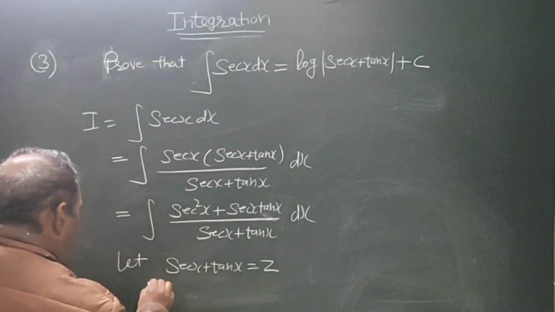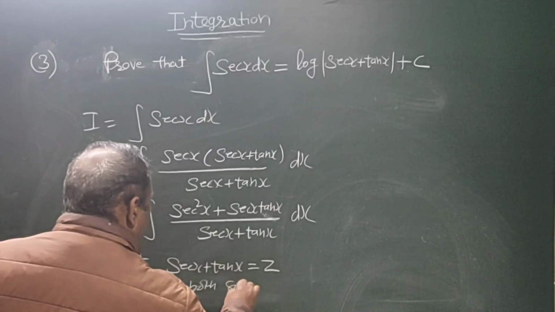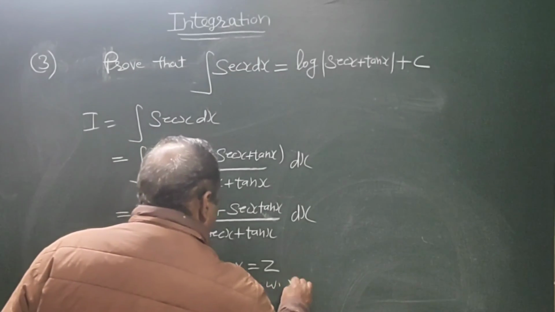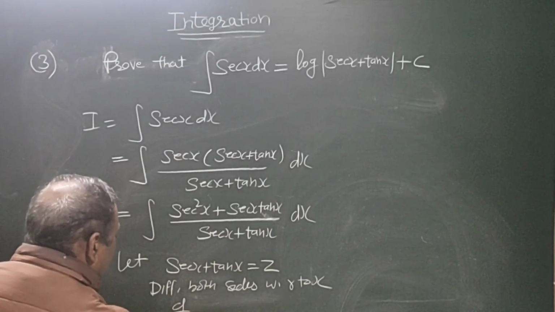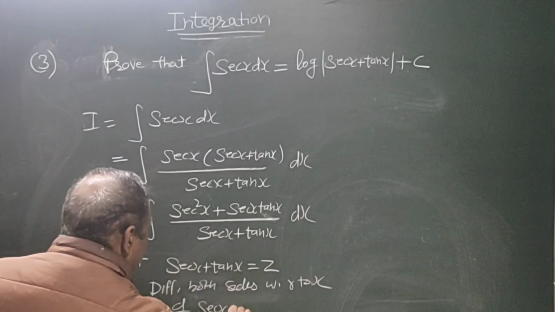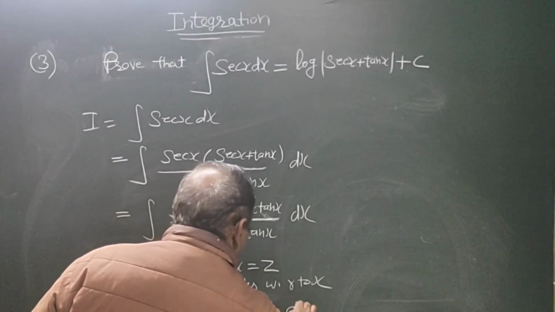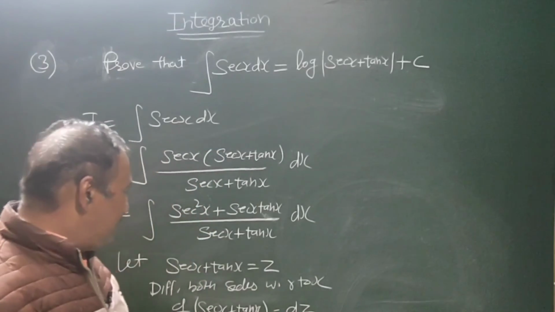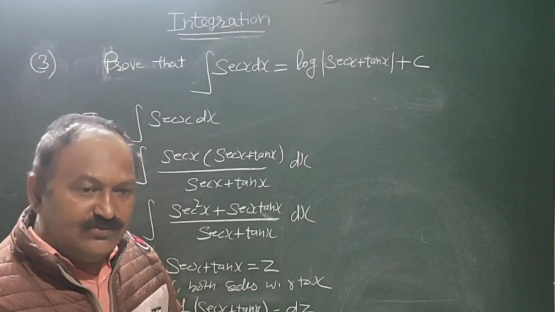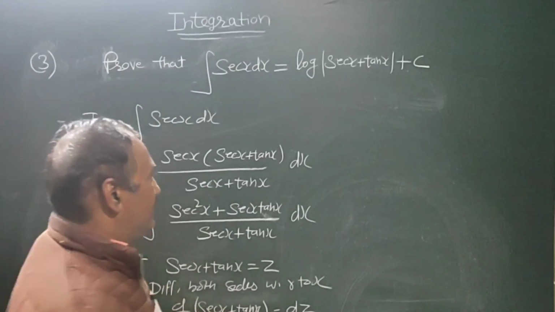Differentiating both sides with respect to x, we get d upon dx of secant x plus tan x is equal to dz upon dx. Derivative of secant x is secant x into tan x, and derivative of tan x is secant square x.